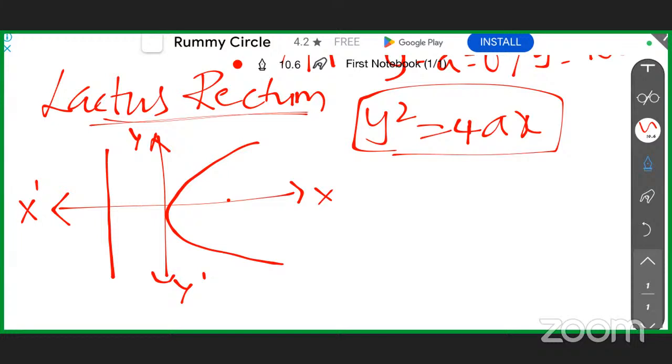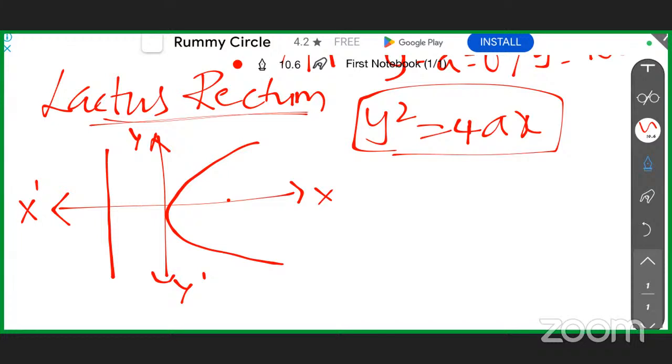Now we have learned 4 different types of parabola. You should be able to get a small diagram and the equation. That's why we are spending so much time on this one. With regard to geometry, I am telling you, your answer is half solved if you draw the diagram properly.